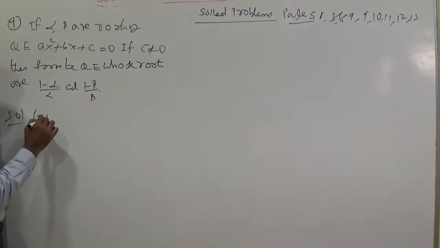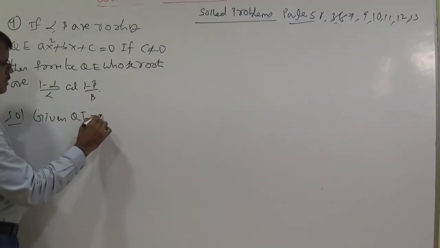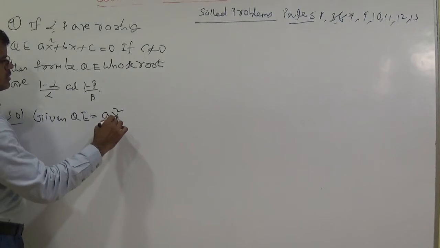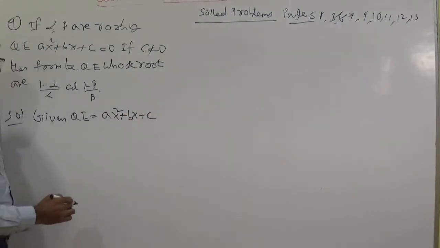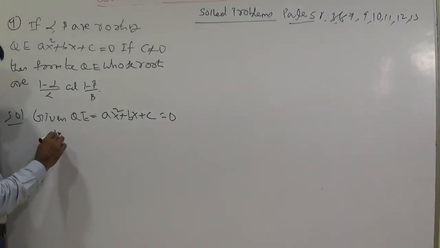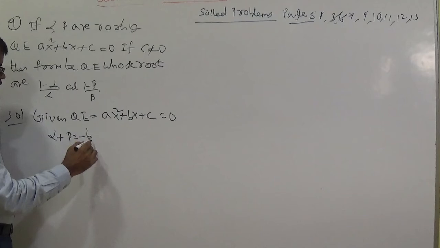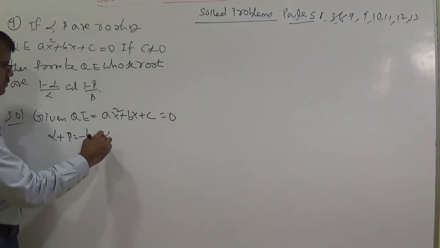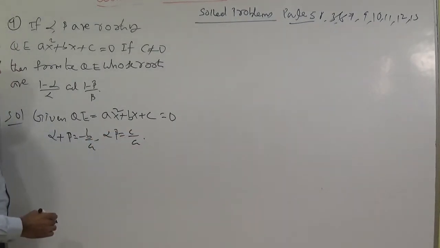Let us write the given quadratic equation: ax square plus bx plus c equals 0. Depending upon the formulas we have learnt, alpha plus beta is equal to minus b by a and alpha beta is equal to c by a.